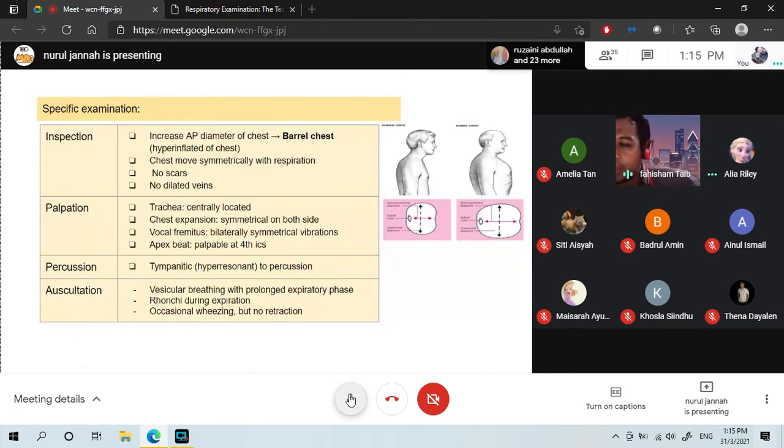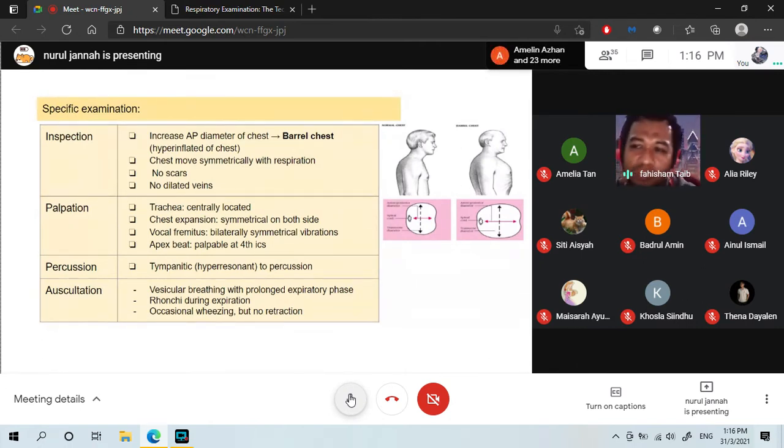Why Harrison sulcus? I just know that it shows that it is chronic, but I'm not sure about how it happens. Okay, you read and tell us. Although I can explain, I don't want to. I want everybody to read. Alia will read and tell us at the end of it.